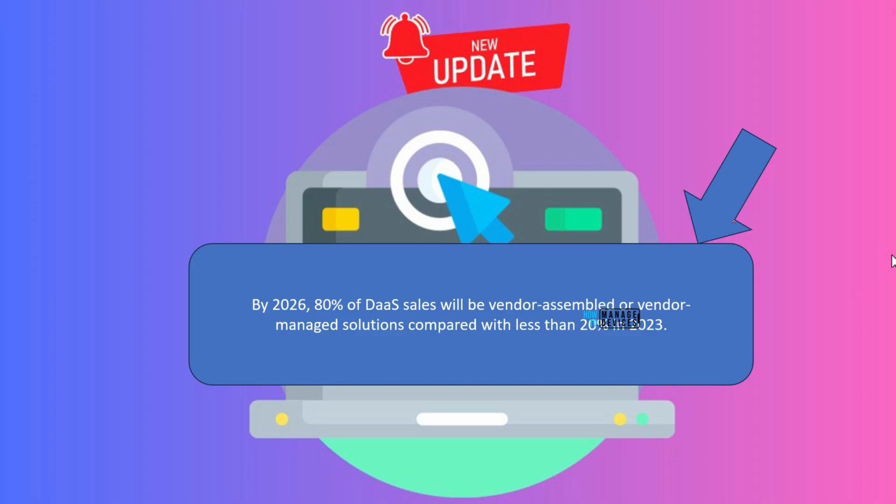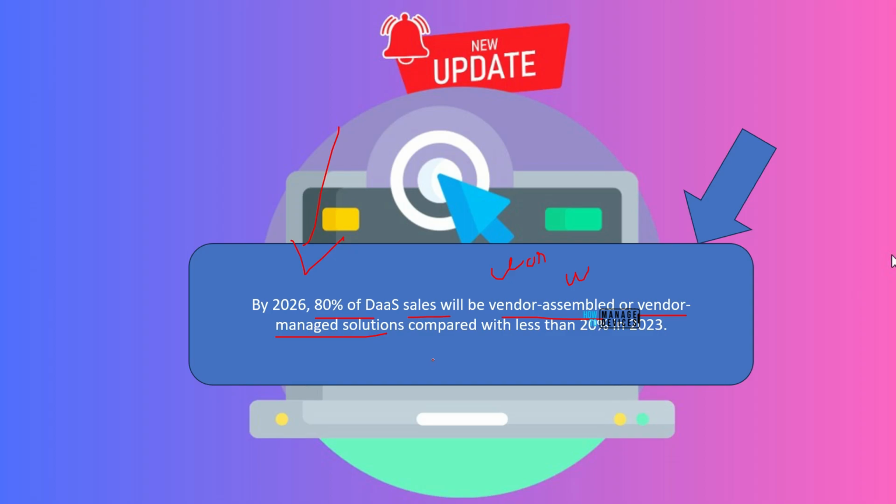Now let's look at Gartner's view of the DaaS market. By 2026, 80% of DaaS sales will be vendor assembled. That is the second scenario where Windows 365 Workport comes into picture. Or by 2026, 80% of DaaS sales will be vendor assembled or vendor managed solution.